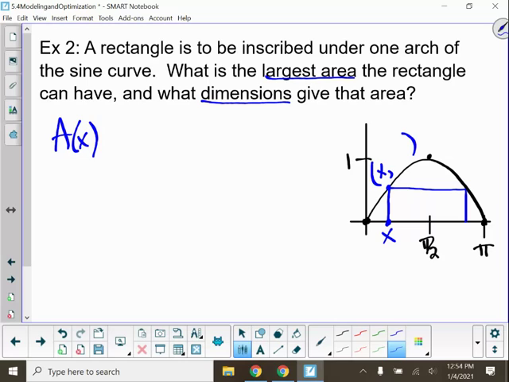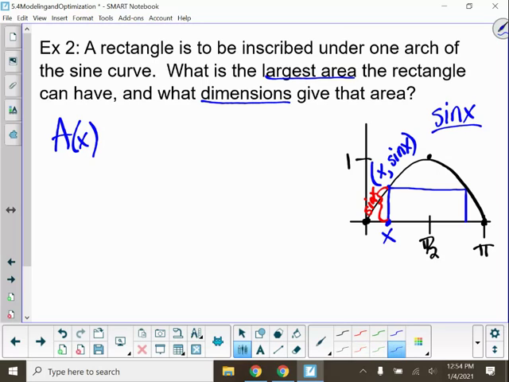This curve is sine. So I would take the x, plug it into the sine of x function, which means this point here is going to be sine of x. This height then, if I'm looking at what this height is, this height is sine of x. So the height of my rectangle is sine of x.